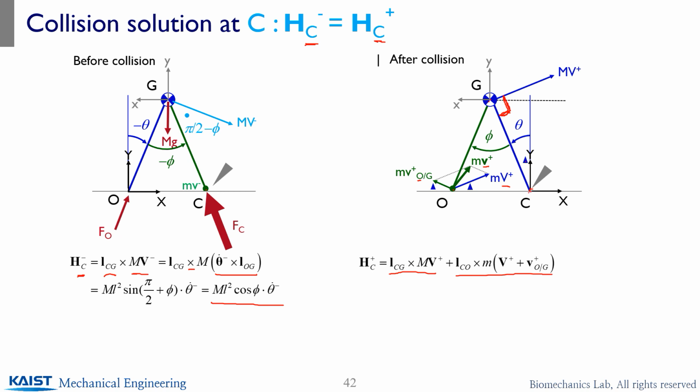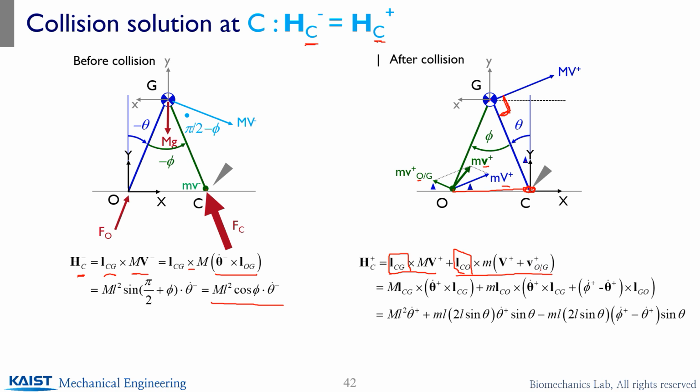Since this is with respect to the contact point, for the capital mass you multiply by the capital L CG, and for the small mass you multiply by the length from C to O. Again, you apply the V components in terms of omega, which is omega cross r for the capital and small masses, and then you do the cross product. What you get is this one.